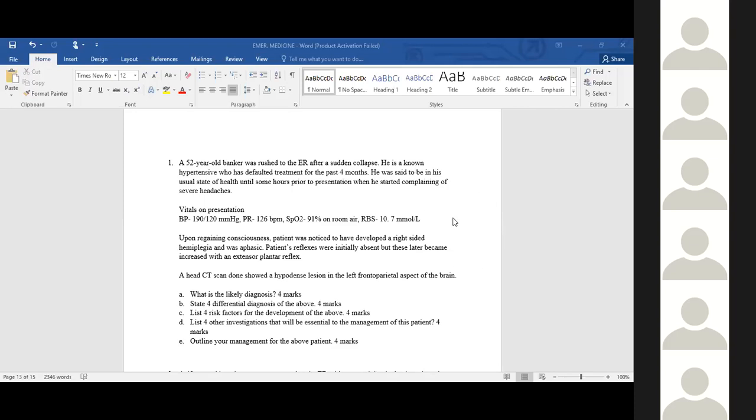Looking at the case study presented here, let me give you 3 minutes to read through and put down the problems this patient has, and let's discuss it. Then we can move on to our lecture.